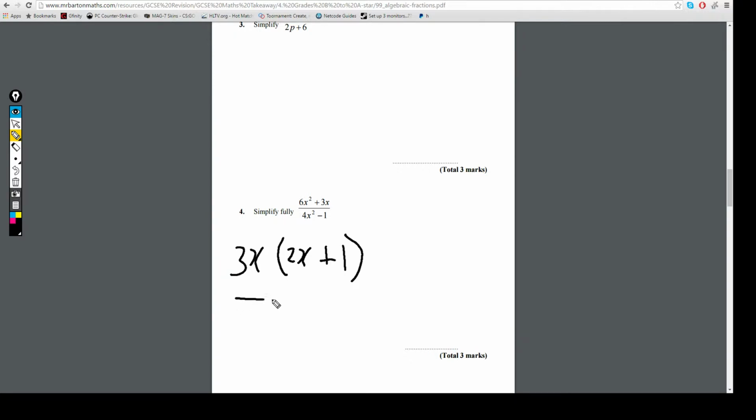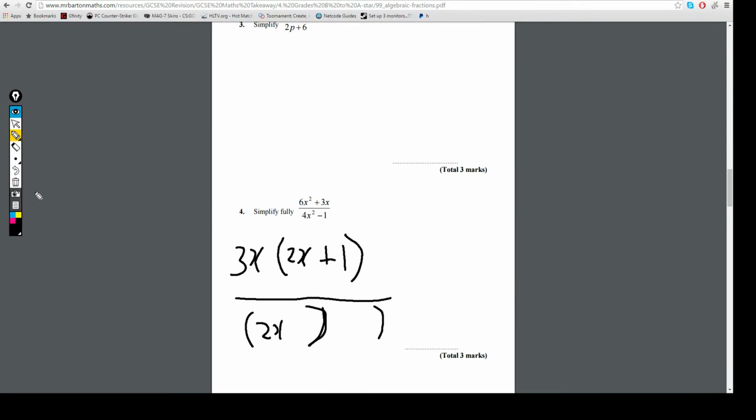And now we're going to go over here, and we're going to do our brackets again. Made the brackets a little small there. Okay.